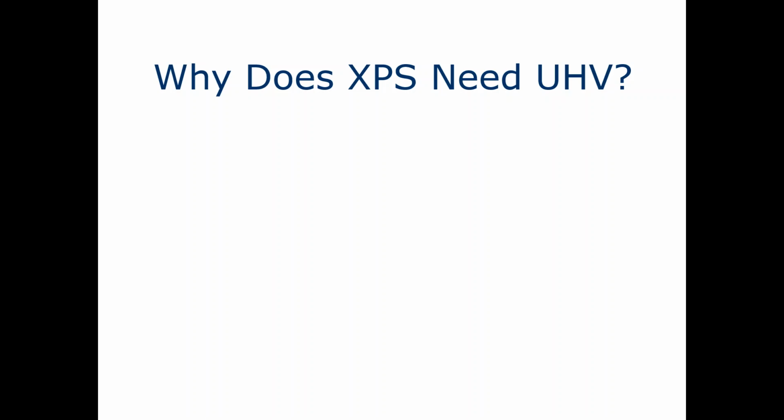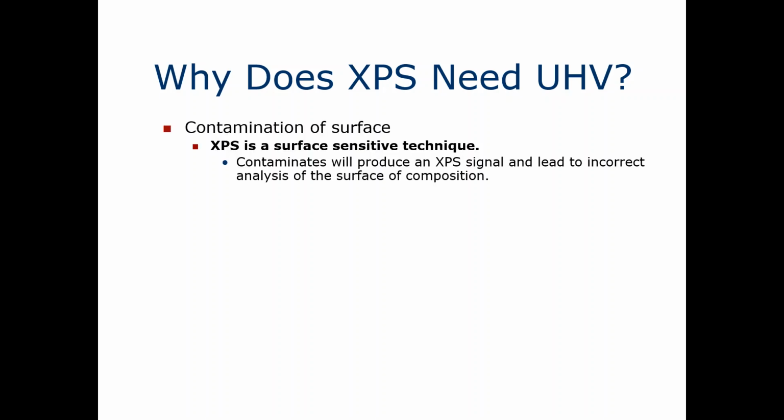Now we proceed toward the question: why does XPS need ultra high vacuum? As we already discussed, the role of the ultra high vacuum is related to possible contamination at the surface.